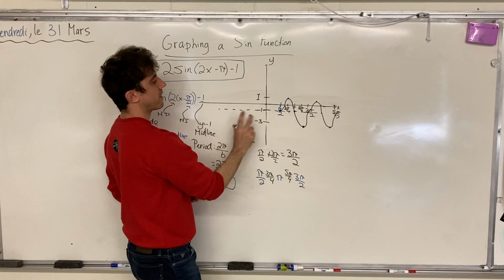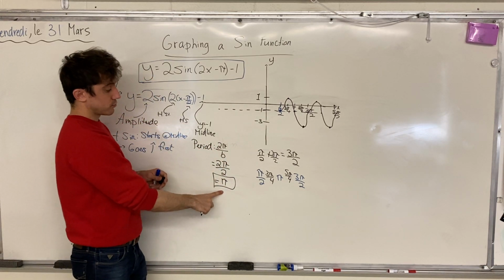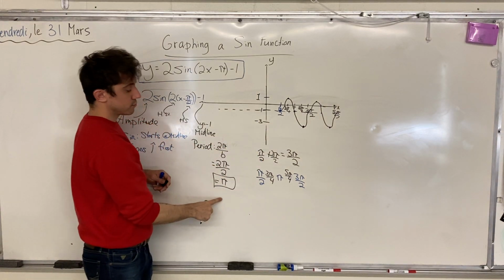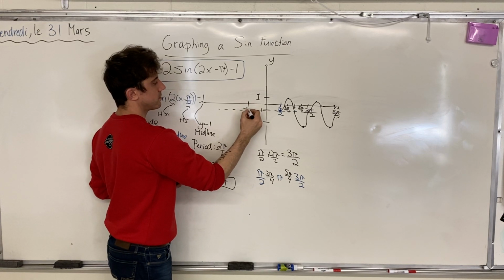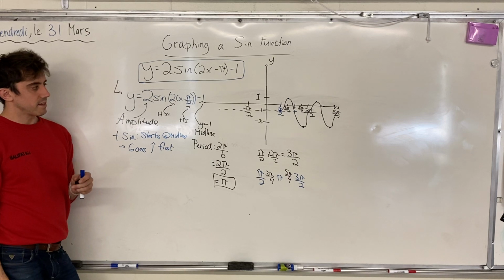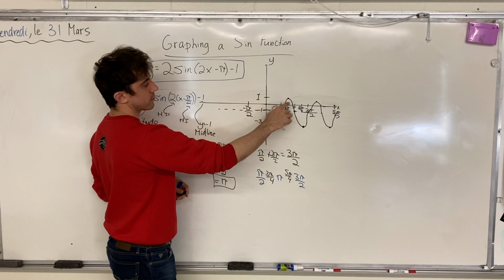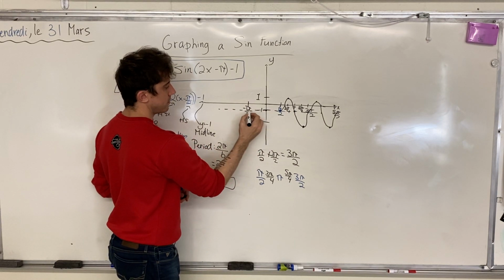If you want to move back one cycle to get into the negatives, we could subtract pi units from pi over 2, and pi over 2 minus pi is going to take us to negative pi over 2, like so. And now we're working backwards, so we're going to go down first, and we'll be back on the midline in the middle, and back on the midline at the end.